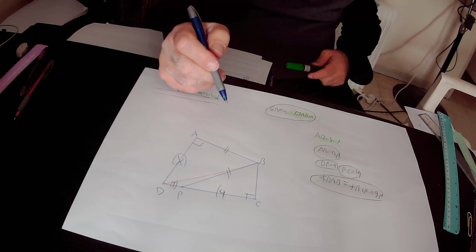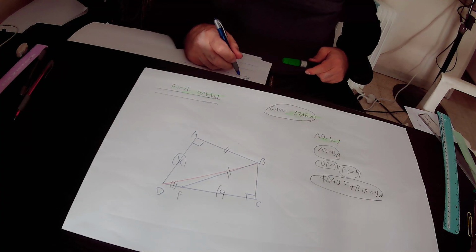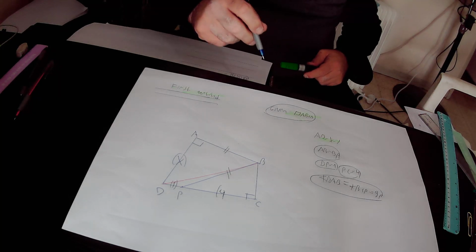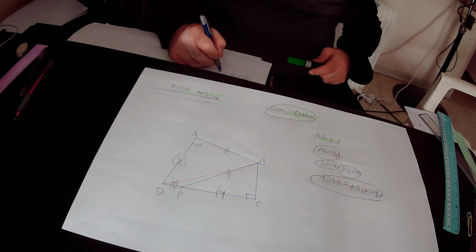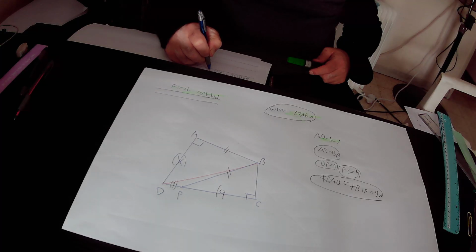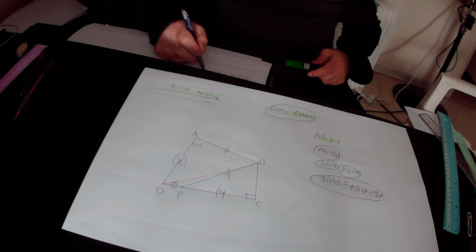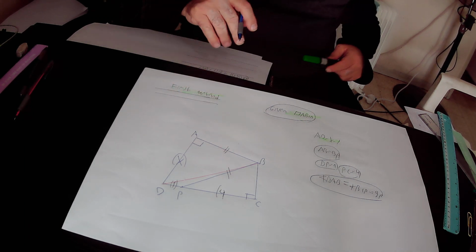According to the Pythagoras theorem, BD square, the square of the hypotenuse, equals BC square plus DC square.